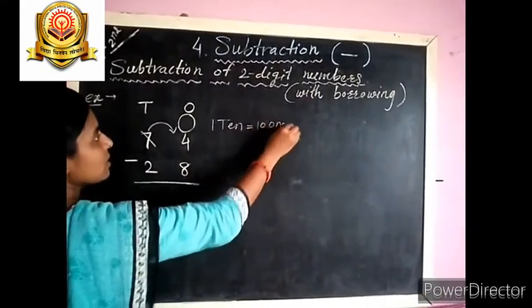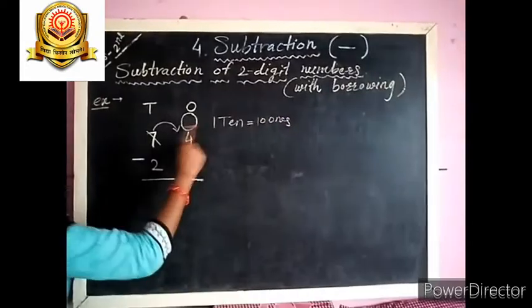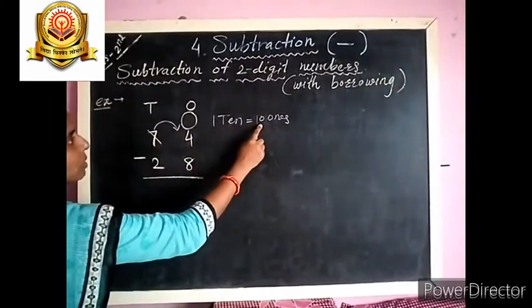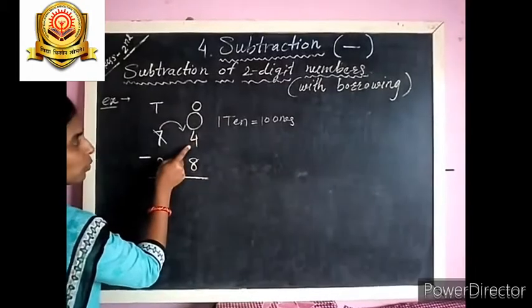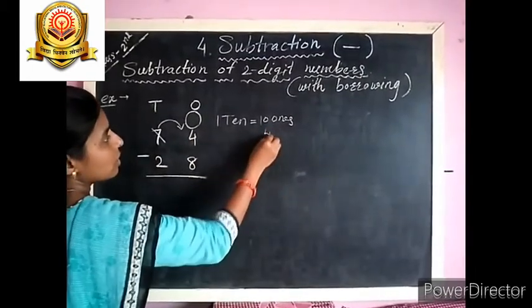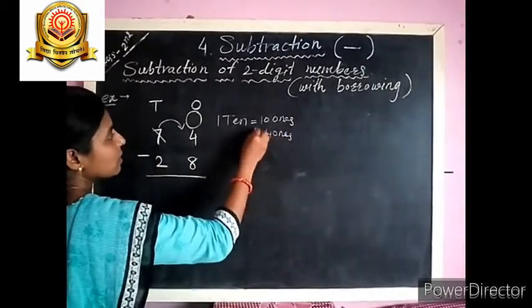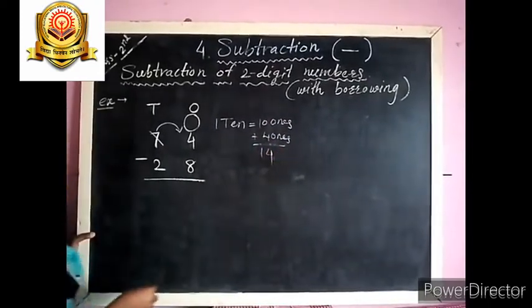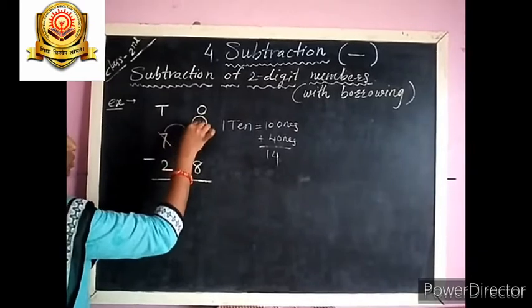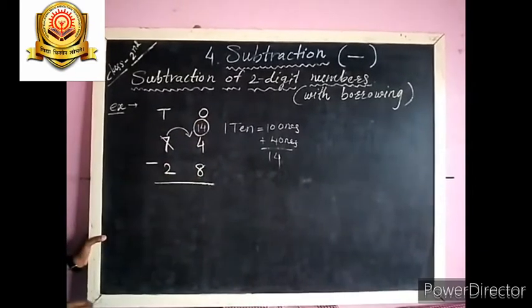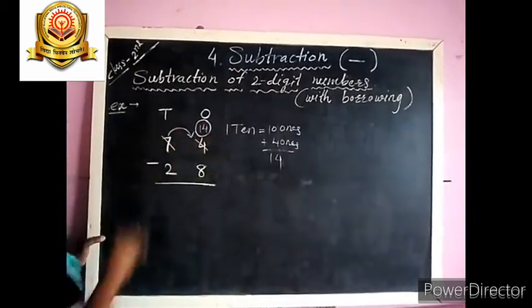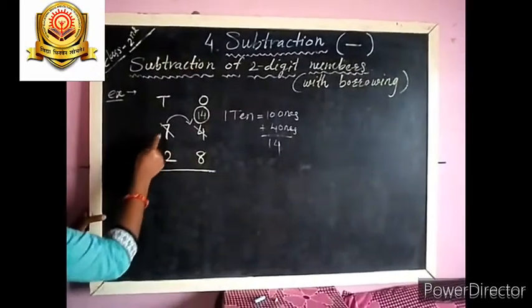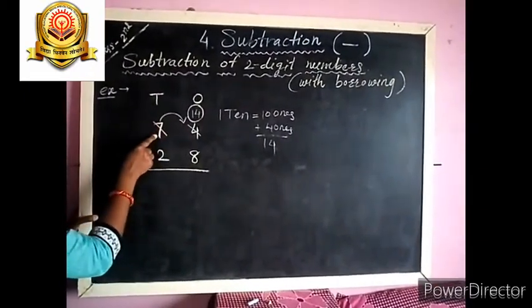This borrowed 1 ten means 10 ones, and these 4 ones. 10 ones plus 4 ones. How many? 14 ones. So write here 14 and cut this 4.